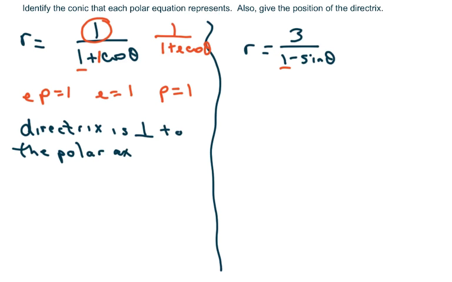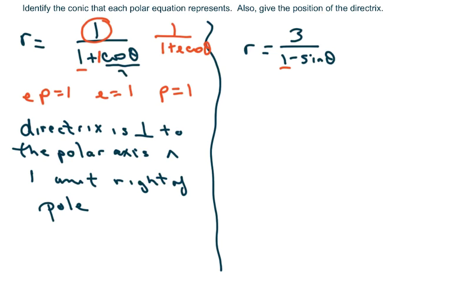And the directrix is 1 unit right of the pole. It makes sense because cosine is like your x, right? Sine is like your y. So cosine, x, is right or left. Y is going to be above or below.